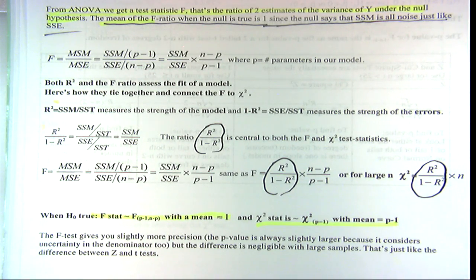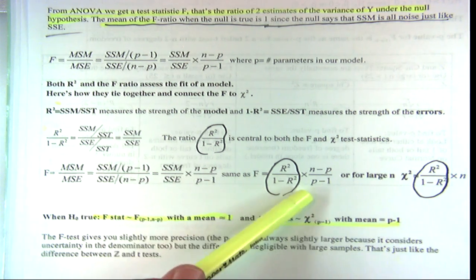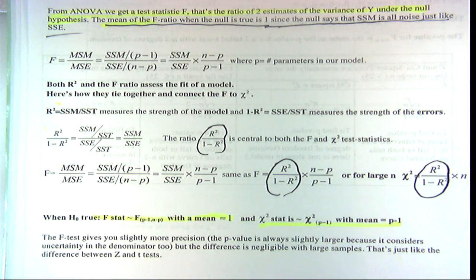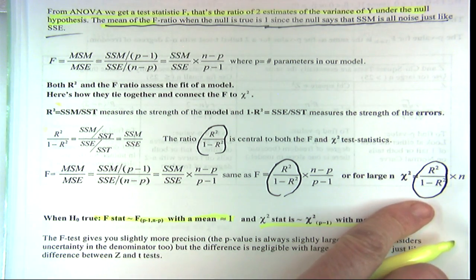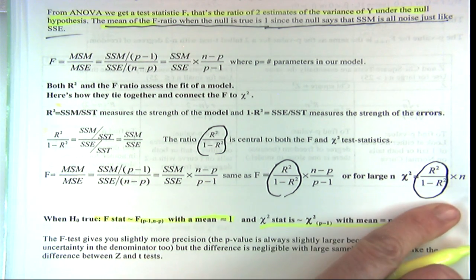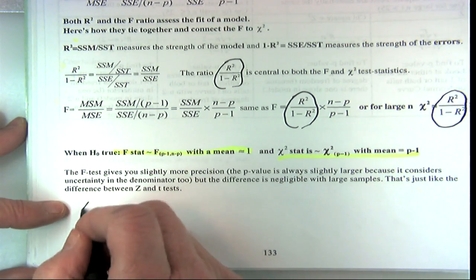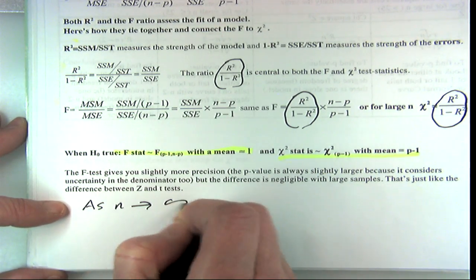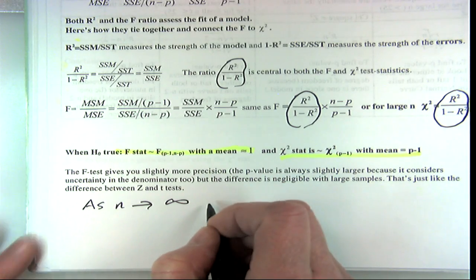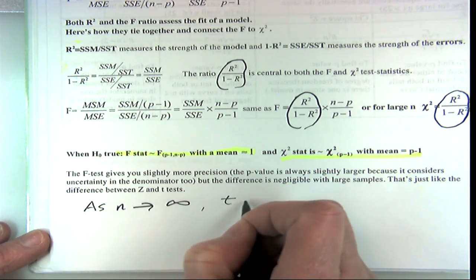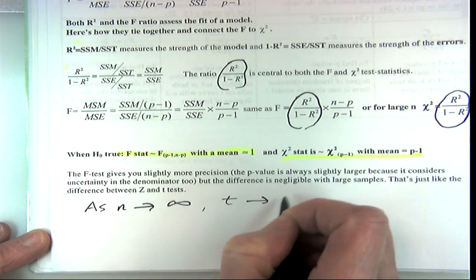That's just arbitrary. Fisher, who developed the F, did a really cool thing by dividing through by p minus 1, so it's centered right at 1. The guy who invented the chi-squared didn't do that, so his is centered at its degrees of freedom. But for large n, as n goes to infinity, we know that t starts looking very much like z.